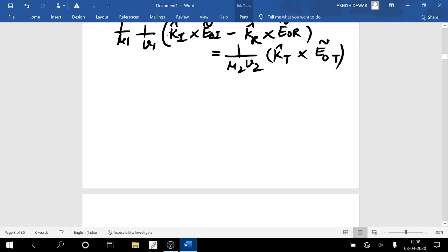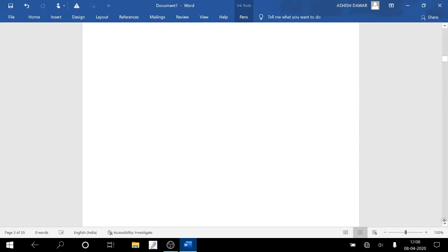As K and E are perpendicular in each case, and K cap are unit vectors, K cap cross E equals unit vector magnitude 1 times magnitude E0 sin 90. Given the laws of reflection and refraction, the boundary conditions reduce to the following.